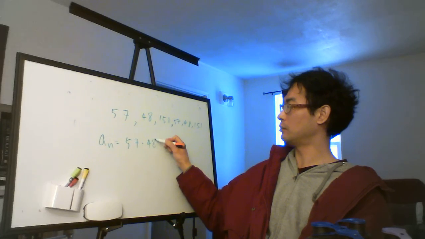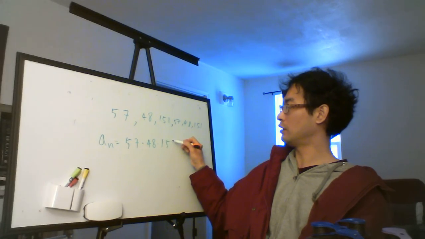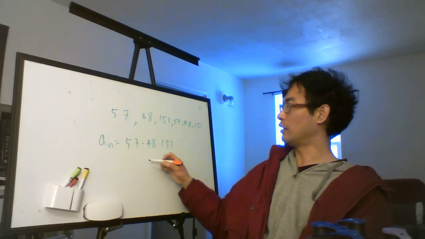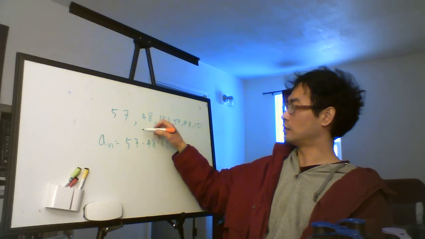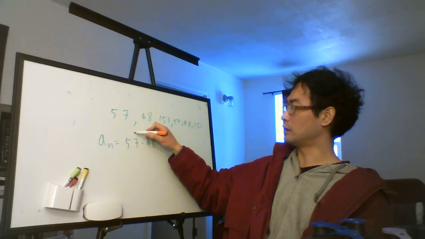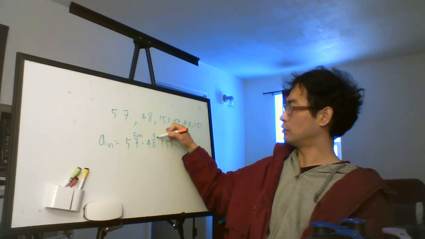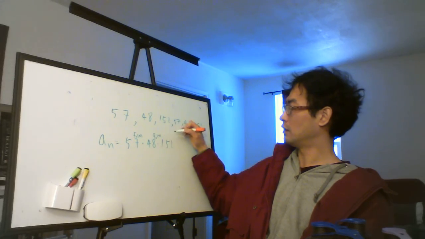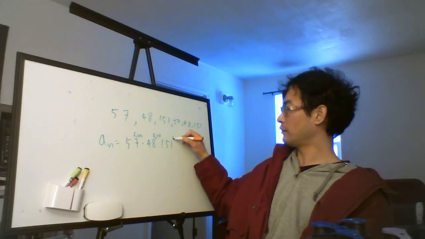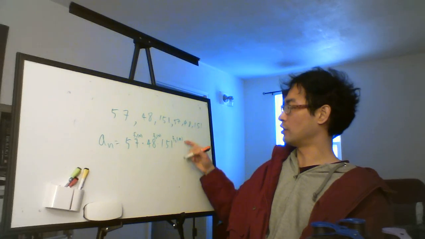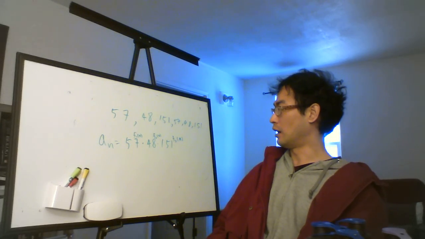Multiply by 48, multiply by 151, and then you have some function of n. Let's say f1 and f2. Actually, it's a Boolean function. So f2 and f3, and they're functions of n, right?